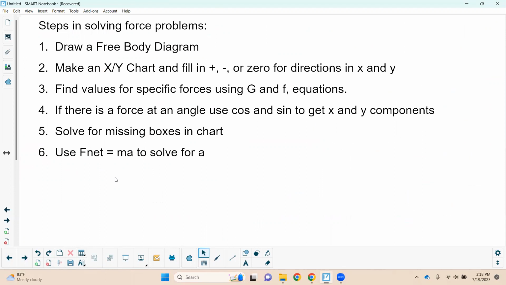Then you start putting numbers in the boxes. Once you fill in all the numbers except for one missing box, then you can solve for whatever it is. You just use the equations as you need them, the gravity equation, the friction equation. If it's in two dimensions, you need the cosine and sine bit. And then you generally use Newton's second law, F equals ma, to solve for the rest.